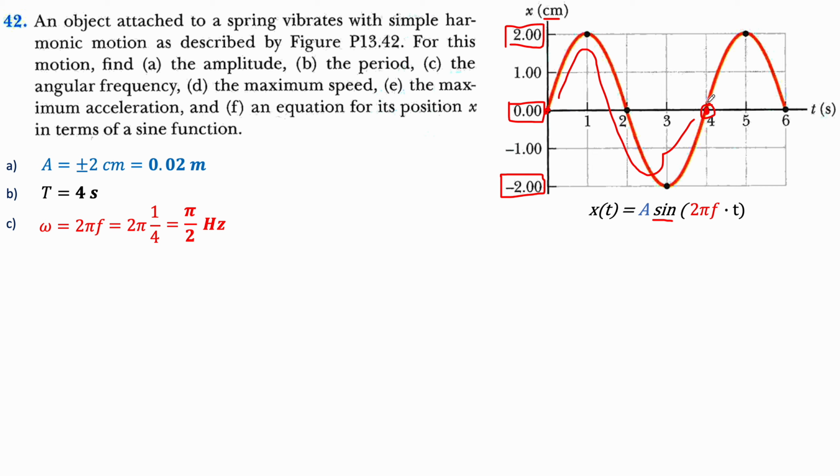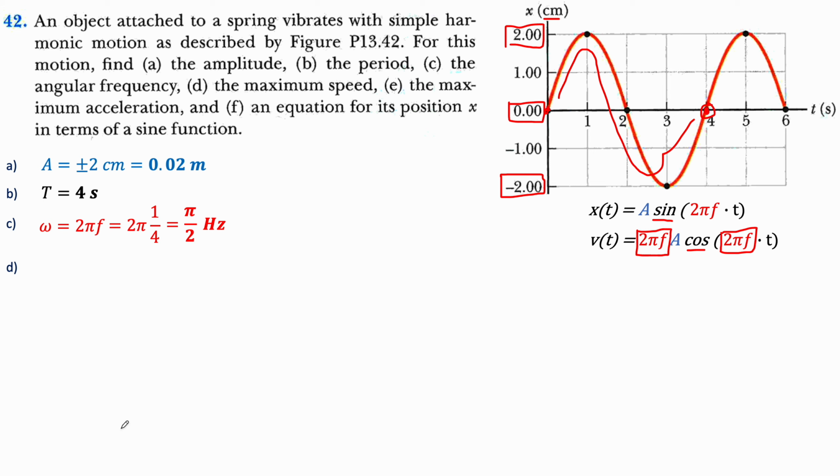D, the maximum speed. So for maximum speed, if you remember, the general format of the velocity equation is the same in a lot of ways, except cosine would become sine, or in this case, sine becomes cosine. And the 2 pi f that was inside times t moves out front.